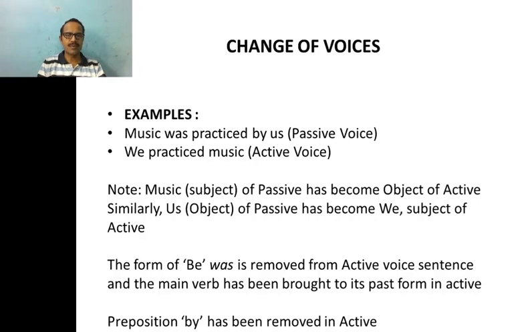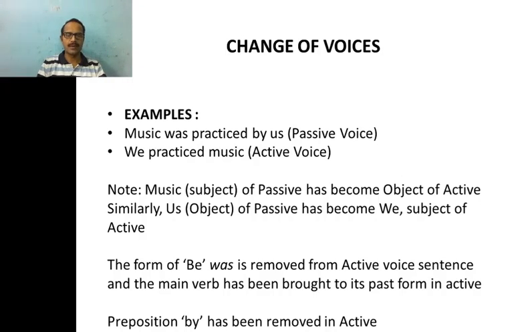It is in the subject position. But now when we change it, it goes to object position. Similarly, us, which is an object in passive voice, has become we, and has occupied the place of a subject. Obviously its form is changed in the active voice sentence.